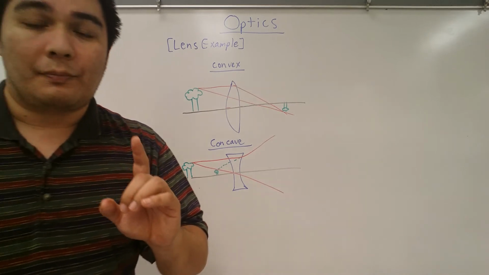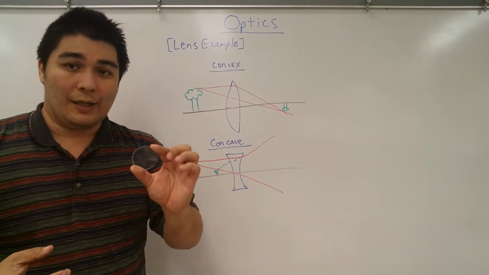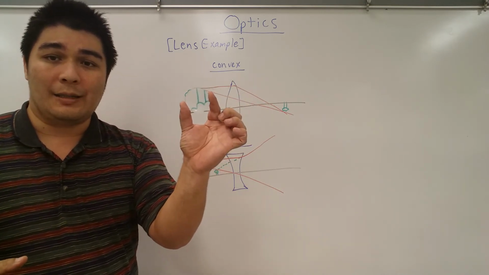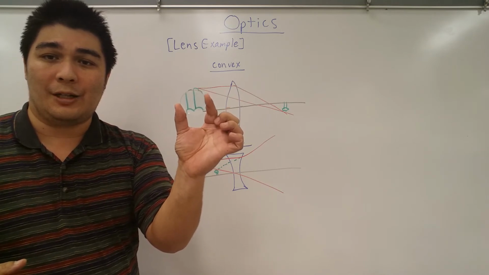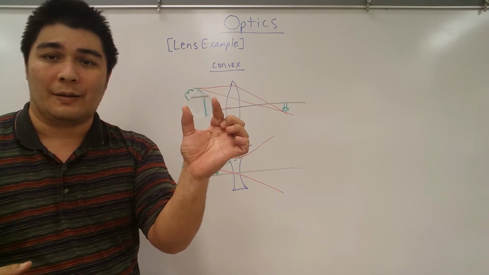With converging lenses it's a little bit different story, however, because when you've got a converging lens like this, you can tell because, as I'm trying to get this correct, you can see that the image of this tree goes the other way.